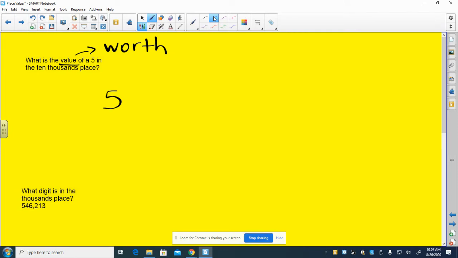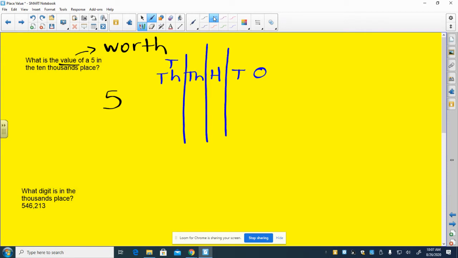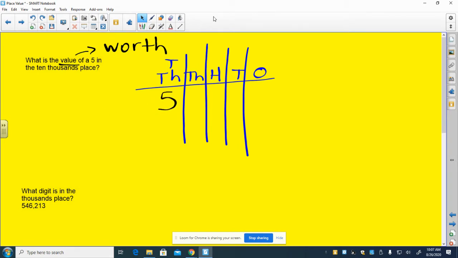We're in whole number land, and whole number land starts with the ones, then the tens, the hundreds, the thousands, and the 10,000s. And I'm going to draw my streets here to split them up. And the question is asking, what is the value of a 5 in the 10,000s place? So I'll put my 5 in the 10,000s place.